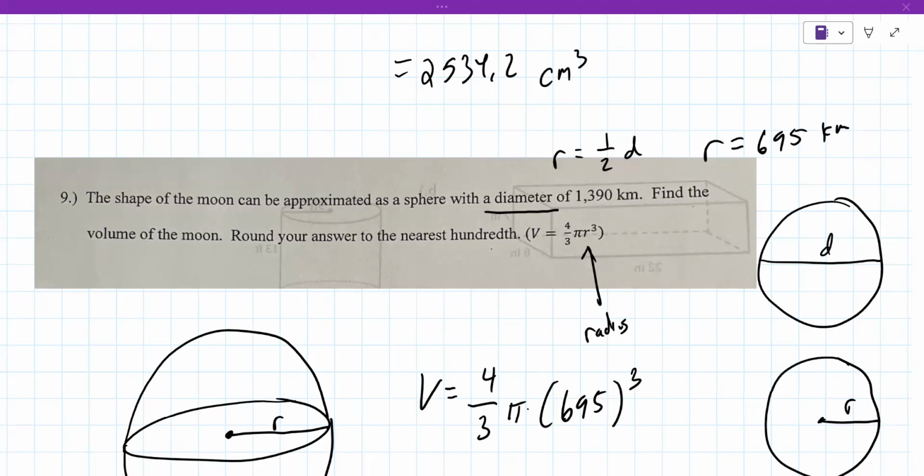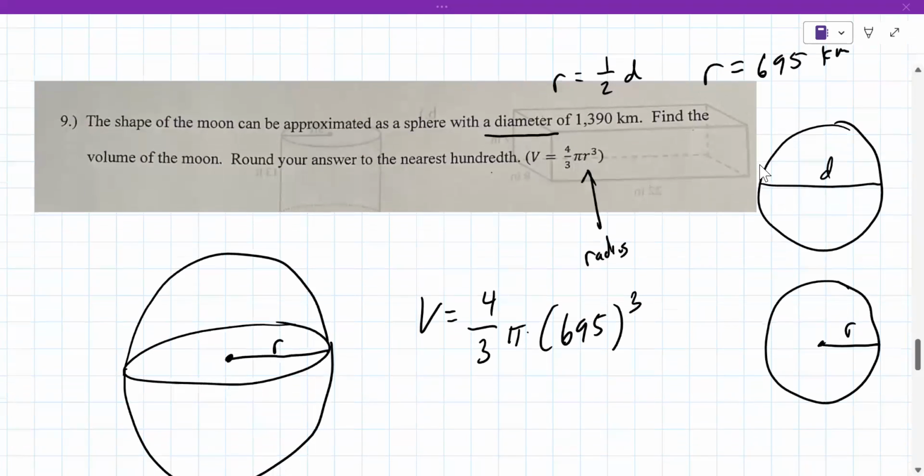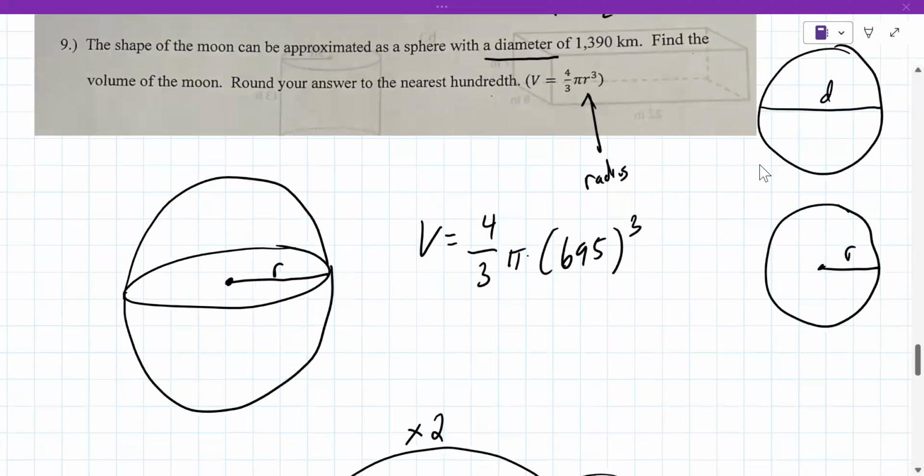Tell me what you come up with. Let me get to Desmos and do that. Okay. Sounds good.